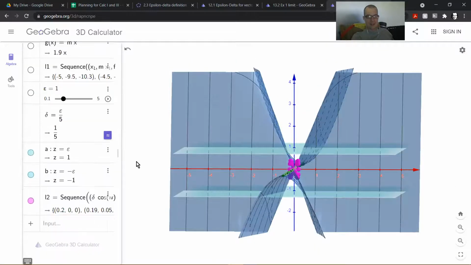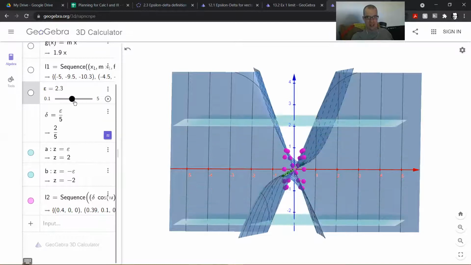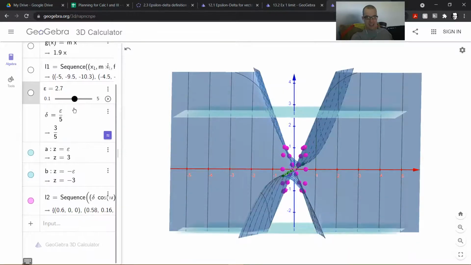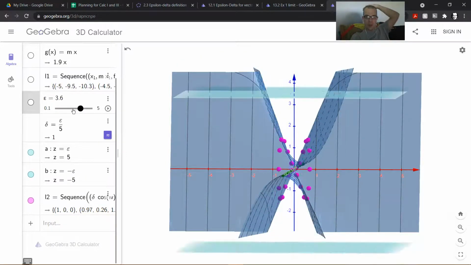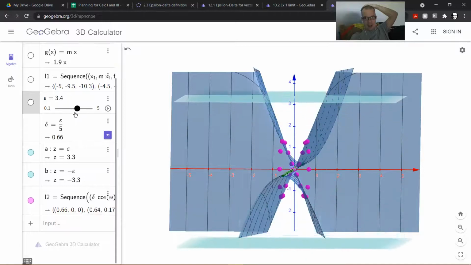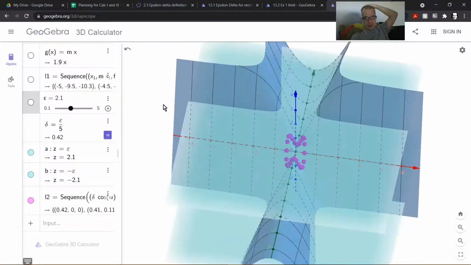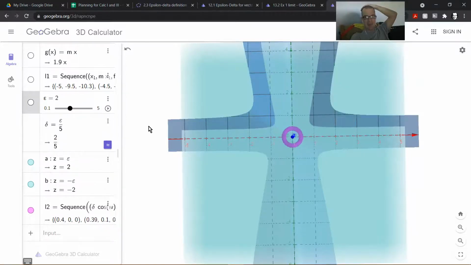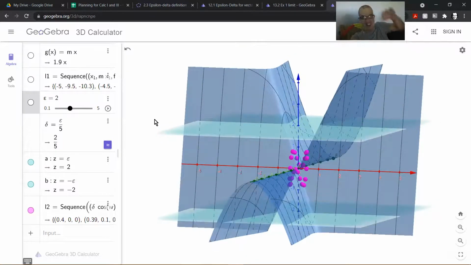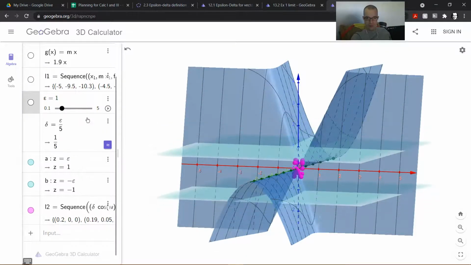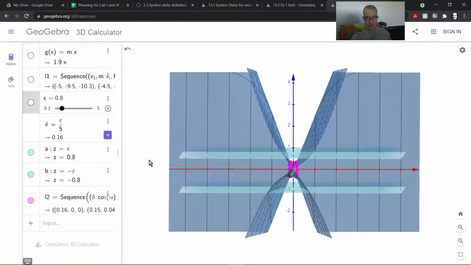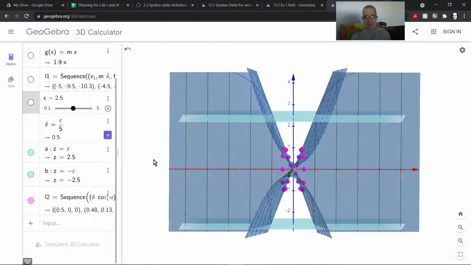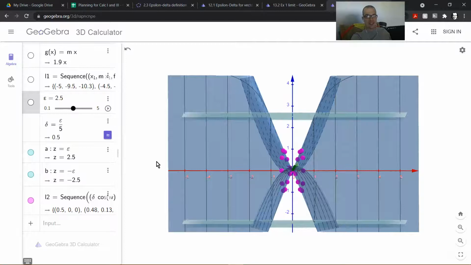And now, instead of doing the whole rat race where we change both of them independently, notice that if delta's equal to epsilon over 5, we get a cool relationship where the circle in the domain's always shrinking fast enough to keep up with the shrinking z-value interval, so that we always stay inside. And notice that it's not a perfect fit. It's a little bit conservative, but that's fine.